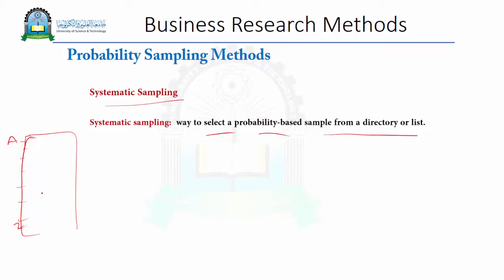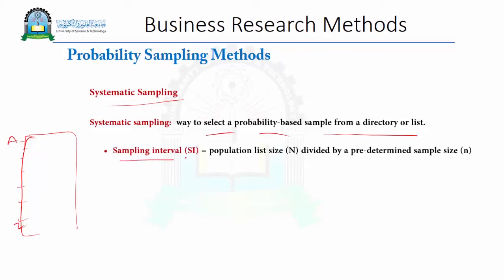The first thing to do is calculate what we call the sampling interval. The sampling interval is the population divided by the sample size. So if the population is, for example, 2000, and the sample size according to Krejcie and Morgan is, let's say, 200, I will divide 2000 by 200, which comes to 10.